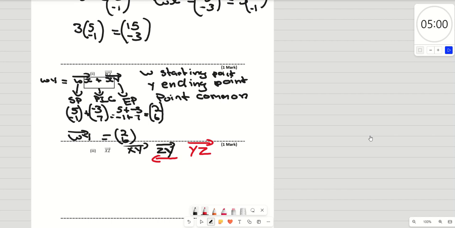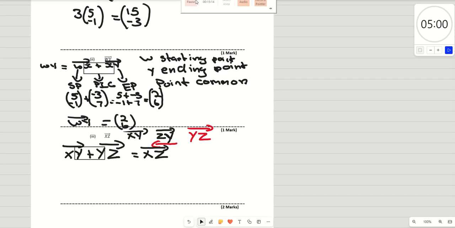So now when we add these two, that is xy, plus your point in common is y, yz, right? We will get xz. So x is your starting point, y is your point in common, and z is your ending point.